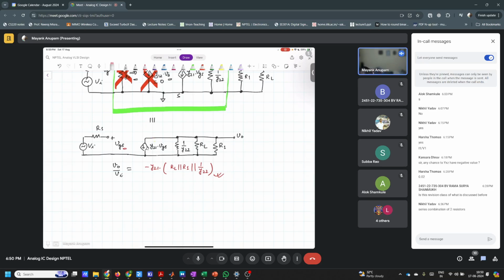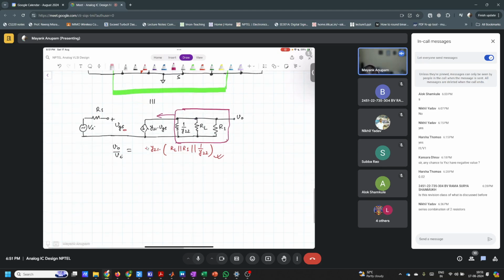Because of this VGS, current is going to be pulled out of the combination of these three resistors, right? So this is the same as saying that there is a current source like this and you have a resistor like this. So what is the voltage here? V out. If the current is I, then voltage V out is what? Minus I times R, right? That will be the voltage VO, correct?